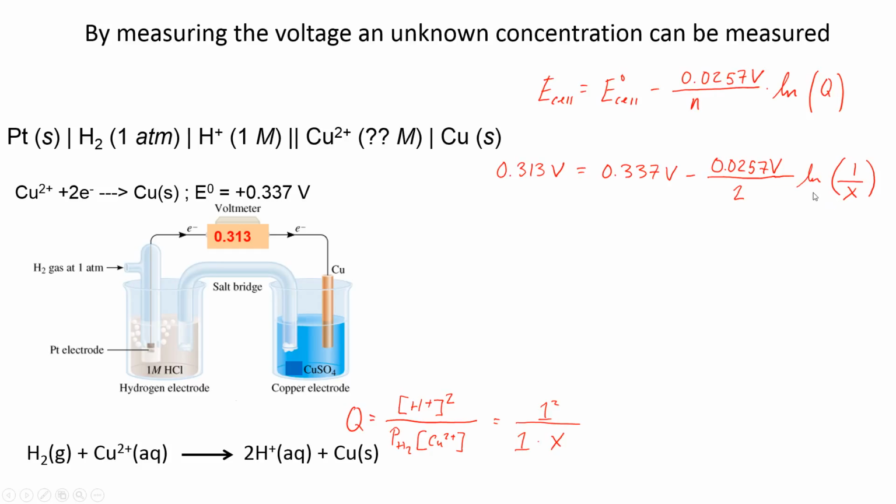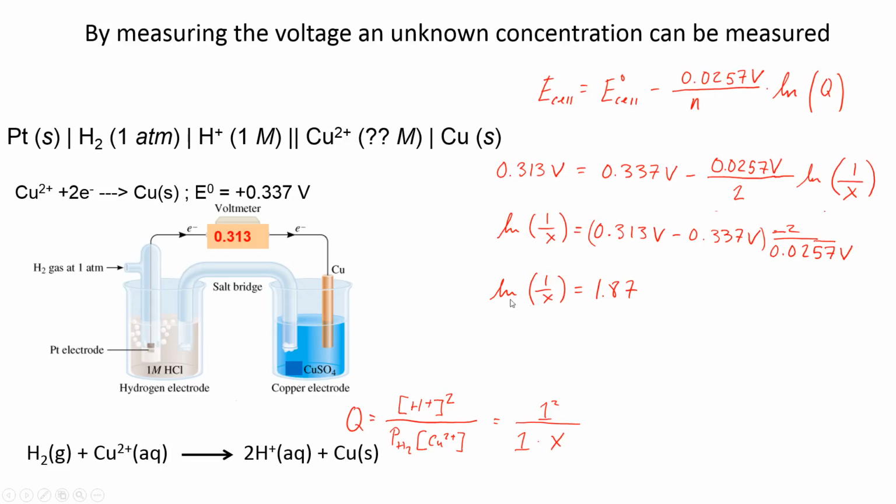Let's do the algebra to solve for X. First of all, let's just get ln of 1 over X on one side and everything else on the other. And now I'm going to do the math that combines all of the terms on the right-hand side into a single value, so ln of 1 over x equals 1.87.